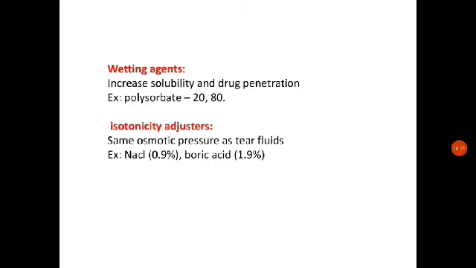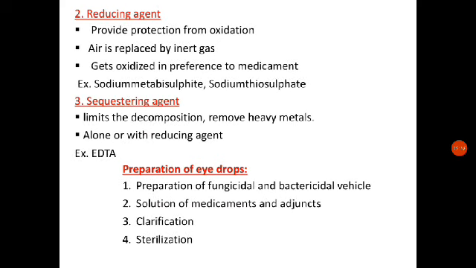Then isotonicity is adjusted to make the formulation isosmotic with the tear fluid. Commonly used are 0.9% sodium chloride and 1.9% boric acid. Reducing agents like sodium metabisulfite and sodium thiosulfate are used to prevent oxidation of the medicament. The sequestering agent commonly used is EDTA.